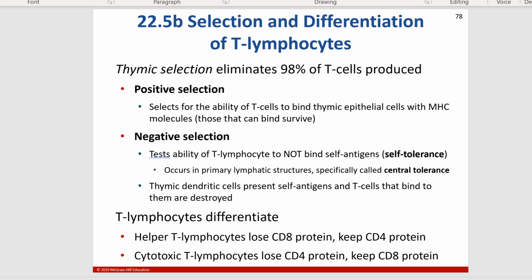So positive selection means that they are capable of choosing something that will cause infection and launching an immune response to it. Negative selection means that they could choose something that is not a foreign particle, that is self, and decide not to do anything with it. So those cells will lyse. They won't proliferate. They'll die, eliminate themselves, kind of.